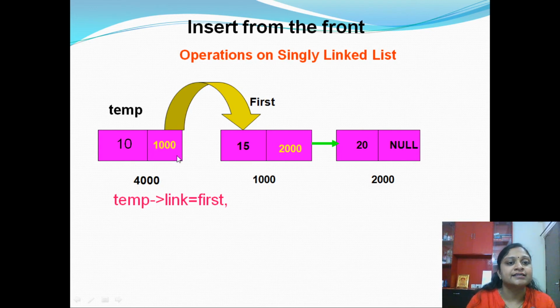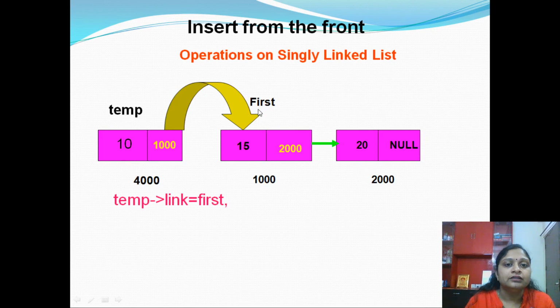The next task is to link this node with the already existing linked list. This is a linked list we already have, and I am going to add the node at the first position. So I need to create a variable temp with a data part and a link part. In the data part I am going to save the value 10, and in the link part I am going to save the address of the first node.